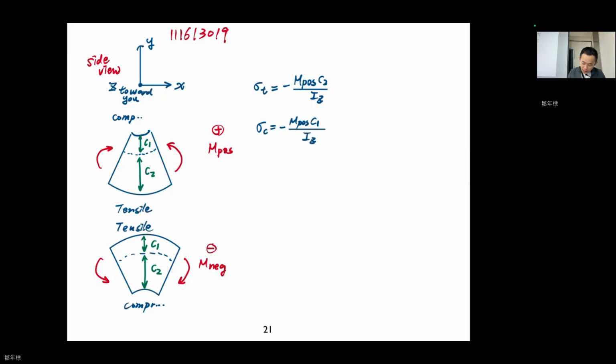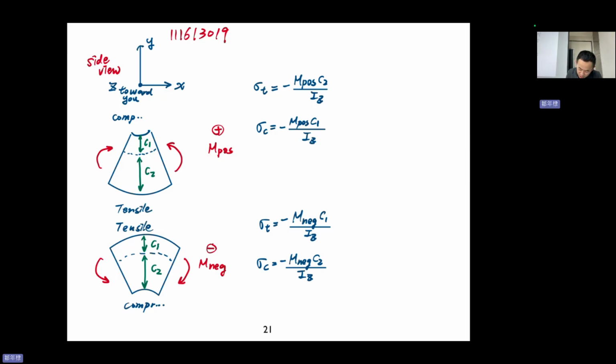Next, sigma T equal to negative M negative C1 over IZ, sigma C equal to negative M negative C2 over IZ.